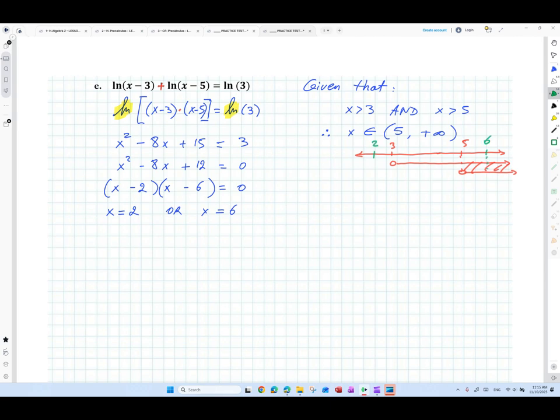Only 6 belongs to the domain of validity, which means that x equals 2 is in fact an extraneous solution. Because of that, you need to conclude that x equals 6 and 6 only. You do not need to specify that x equals 2 is extraneous. It's self-explanatory.